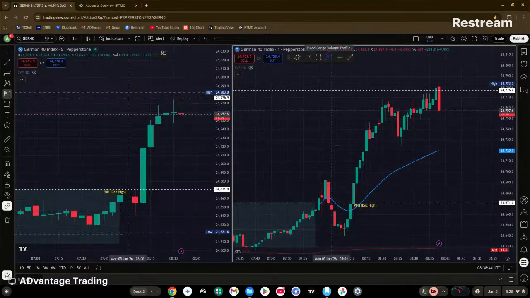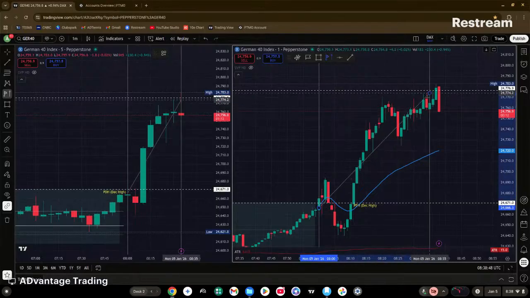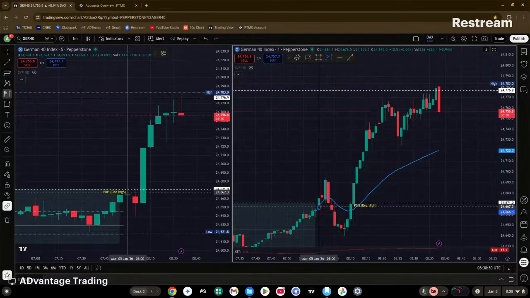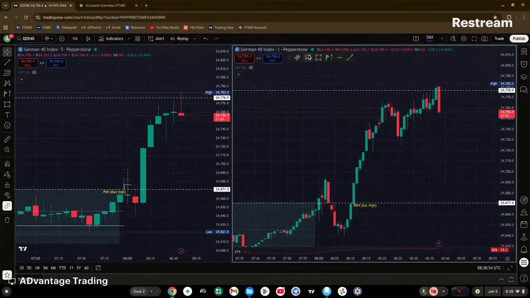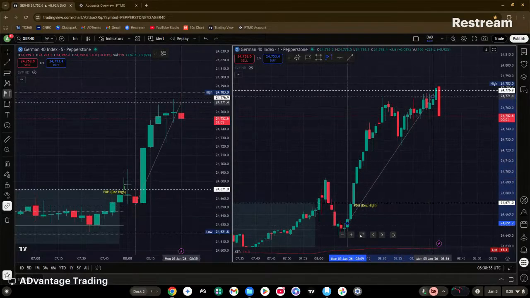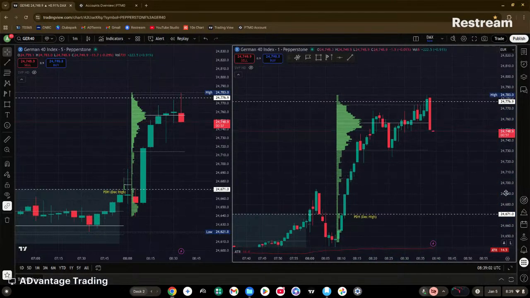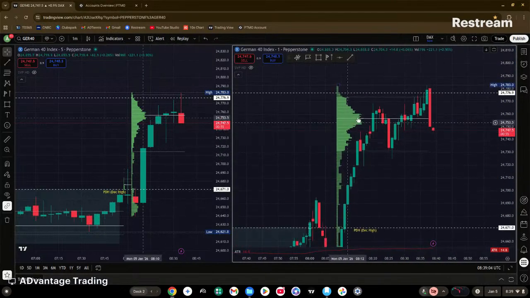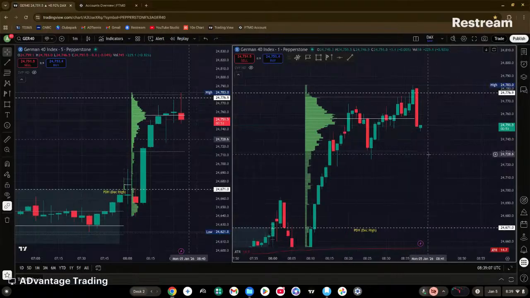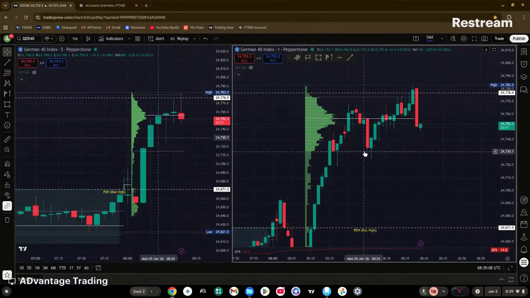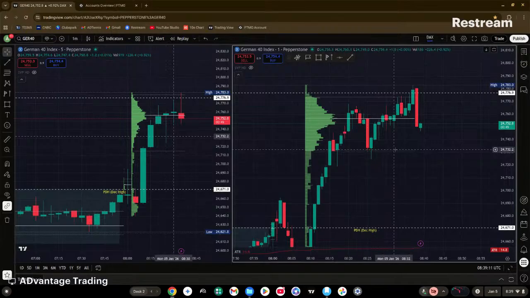So now we're a little way into the session, I'd like to draw the volume profile from the start of the uptrend through to the current high of the session. So this is what we've now got. This is the volume profile of the present session, where we've got our value area low being down here.